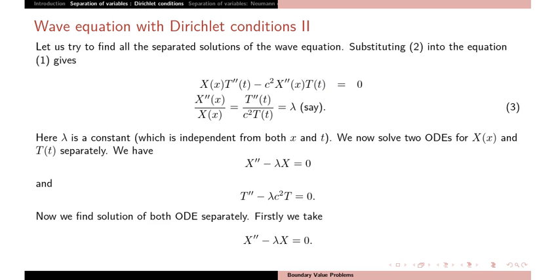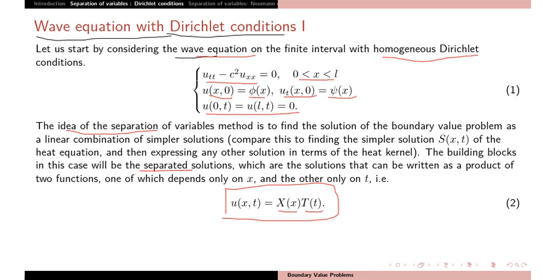Then fit this u into the differential equation, that is, compute u_tt, which will be the second derivative of T, and u_xx, which is the second derivative of X, d2X by dx square.